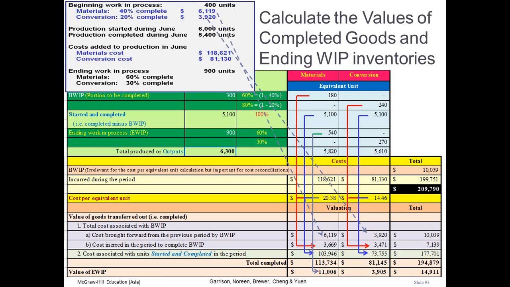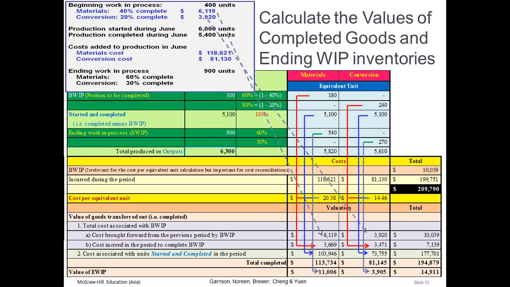So for those completed from beginning work in process, the cost brought forward from the previous period by the beginning work in process, together with the cost incurred in the current period to complete the beginning work in process, accounts for the full cost associated with them, are shown in the light purple colored boxes.